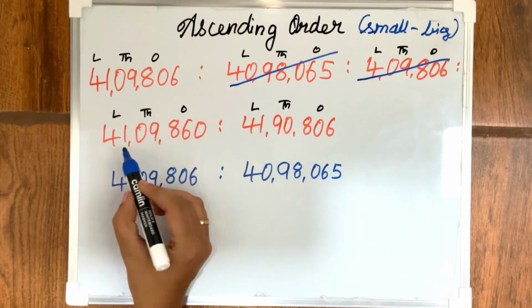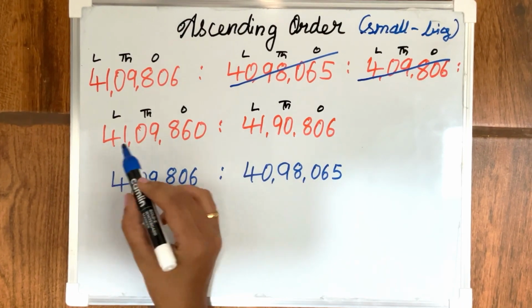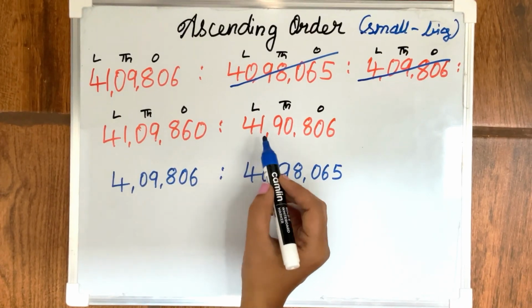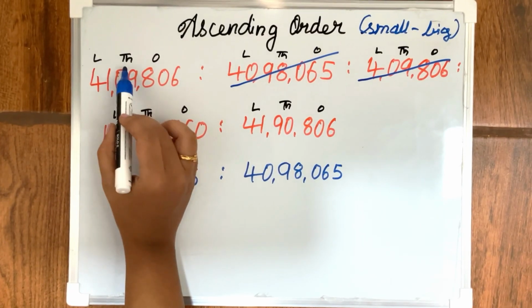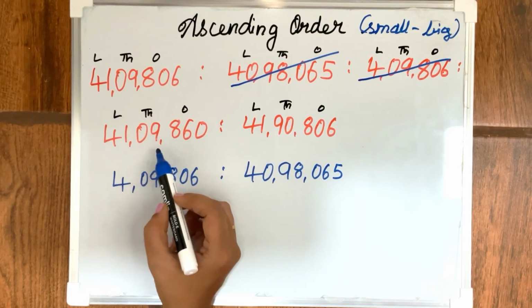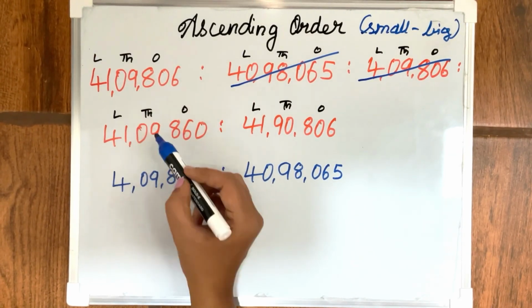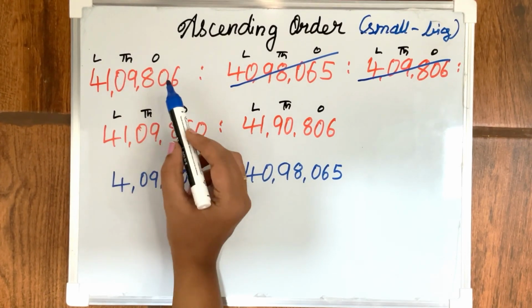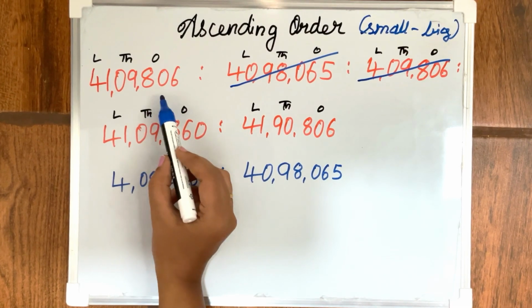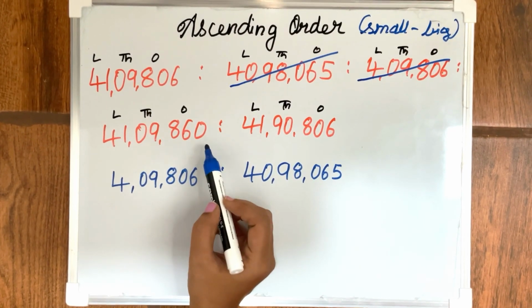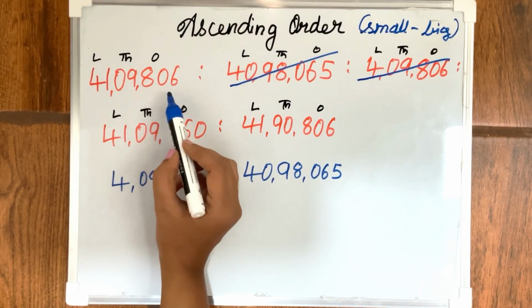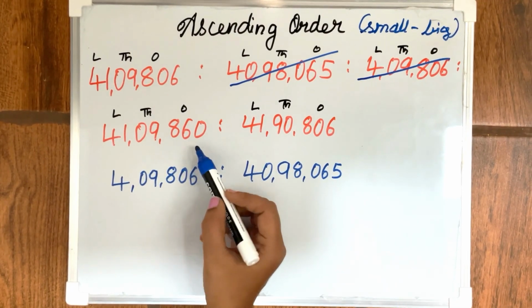Next, 41, 41, 41. So in lakhs period, we are having the same number. Now we will move on to the thousands period. 9, 9, 90. So 9 is smaller, but we are having two 9s over here. So we will move on to the ones period. 806, 860. So which is smaller? 806 is smaller than 860.